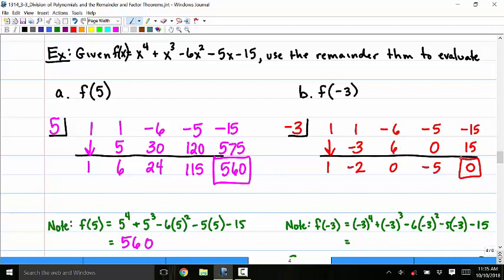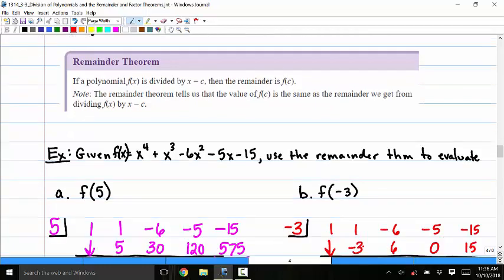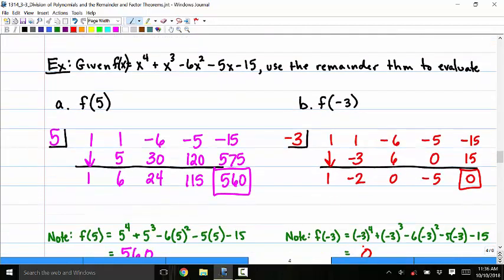What is f of negative 3? It's 0. So could you use the remainder theorem to evaluate a polynomial at a given value? Sure. Just use synthetic division, and your answer would be the remainder. Okay.